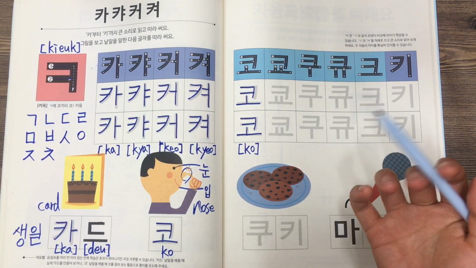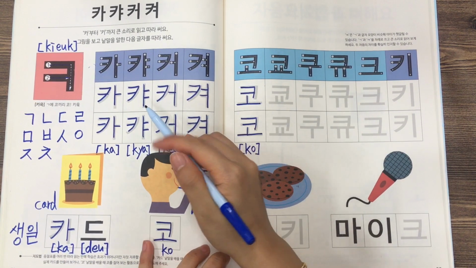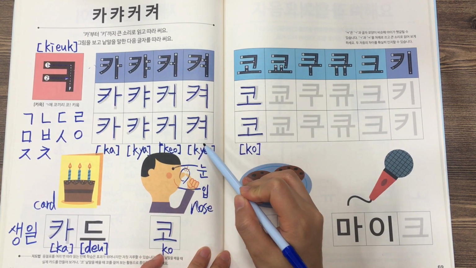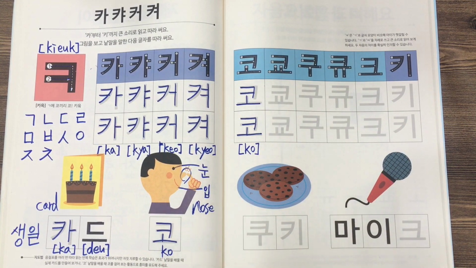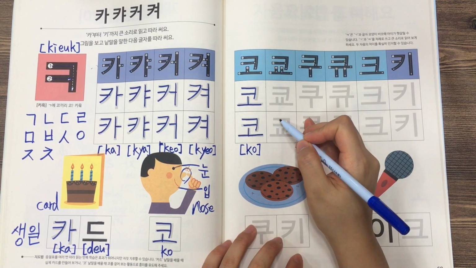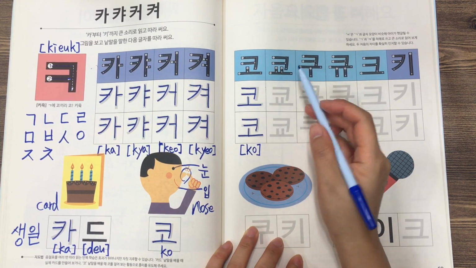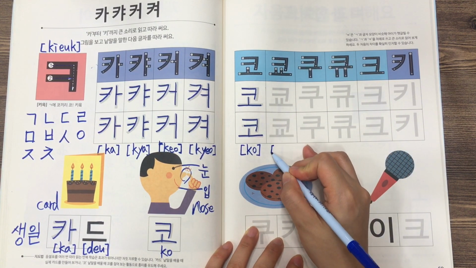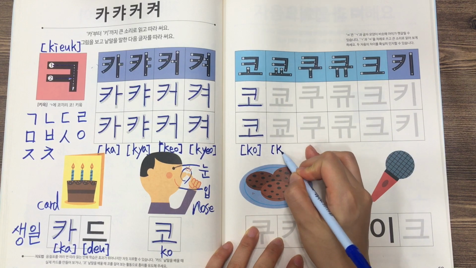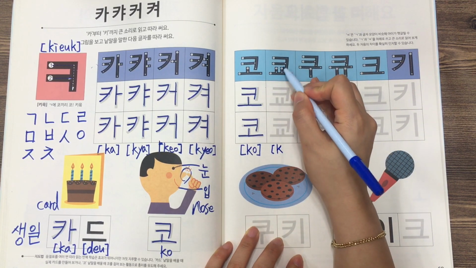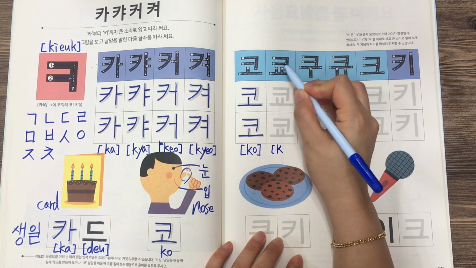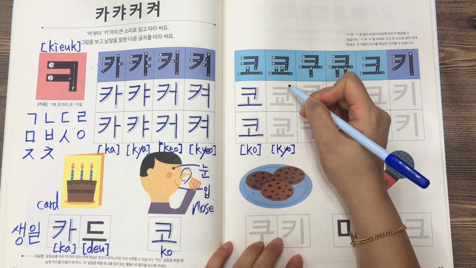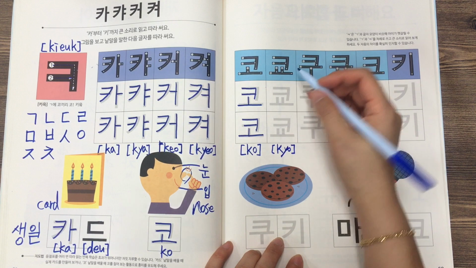On the last video we learned ka, kya, ko, kyo, ko, and let's start from this. 기역 plus 요 is 쿄. 쿄.